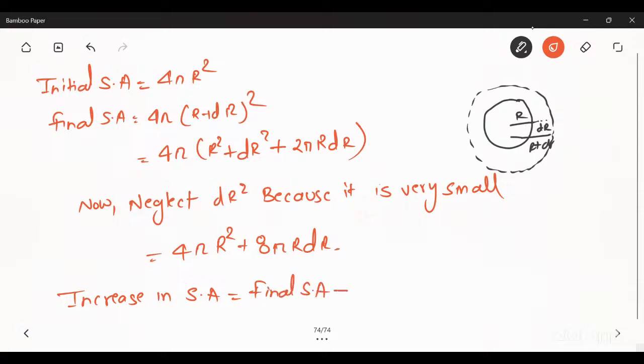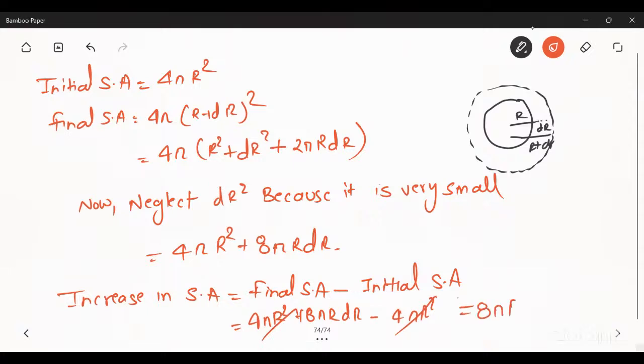The final is 4 pi r square plus 8 pi r dr, and the initial is 4 pi r square, so 4 pi r square cancels. You get 8 pi r dr as the increase in surface area.